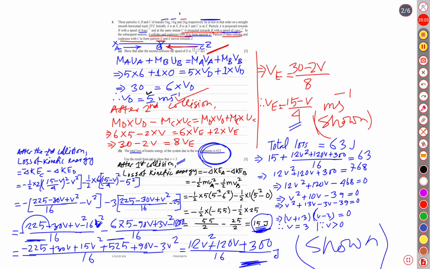So we have just formed an equation over here. After that, finally we have got that v equal to 3, which was supposed to be shown. That's why we have shown.